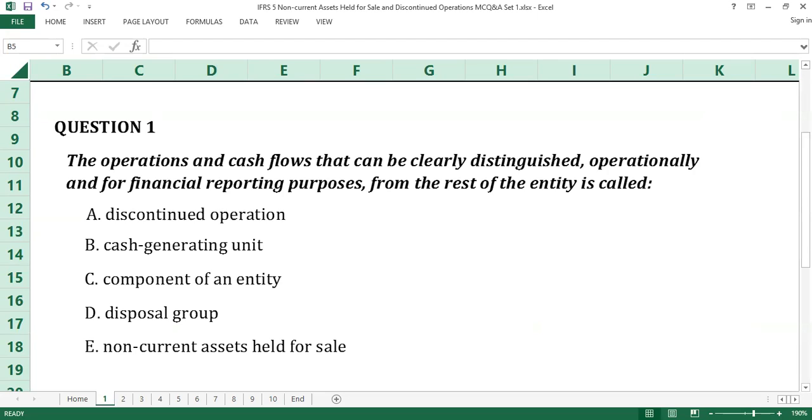Ten seconds gone. 20 seconds gone. Time up.